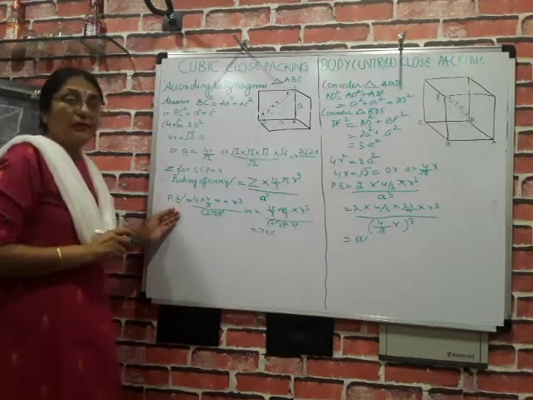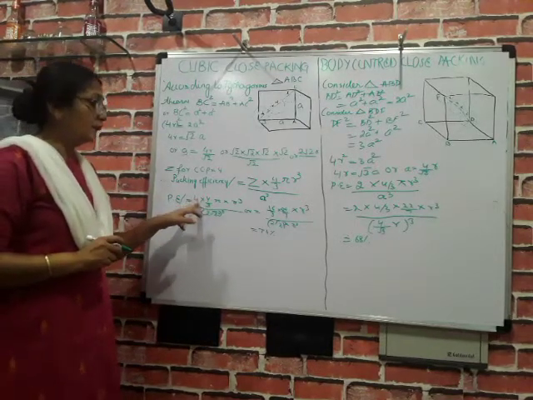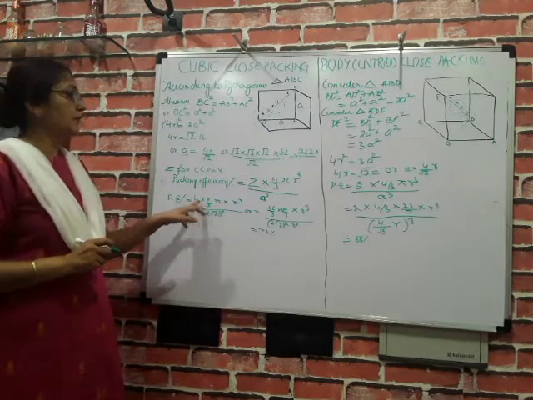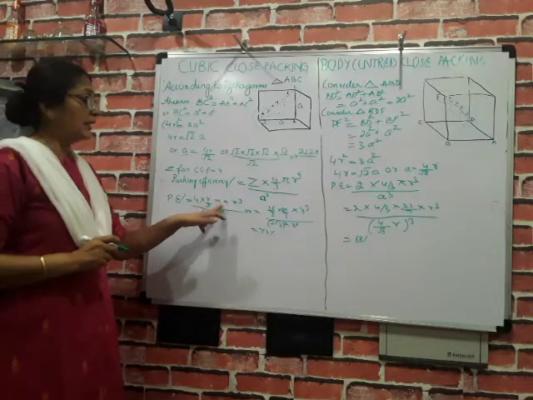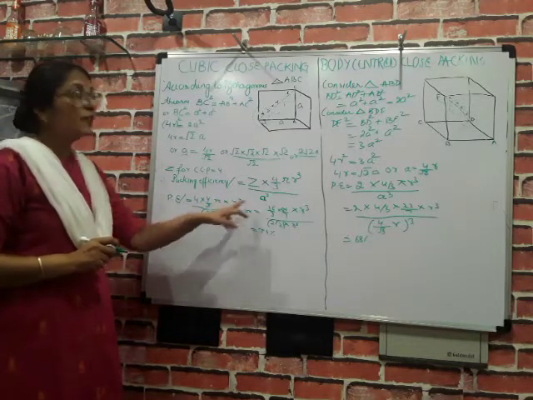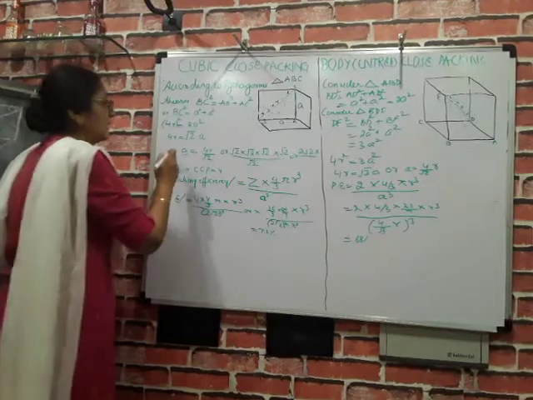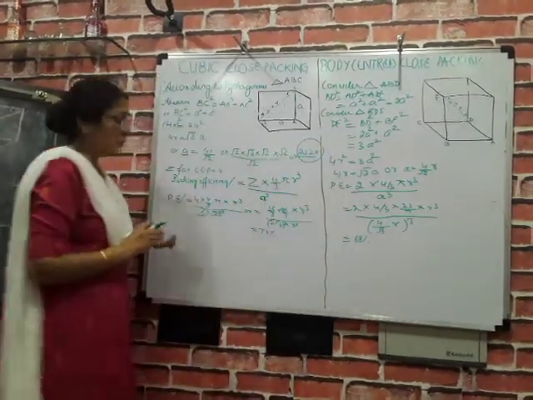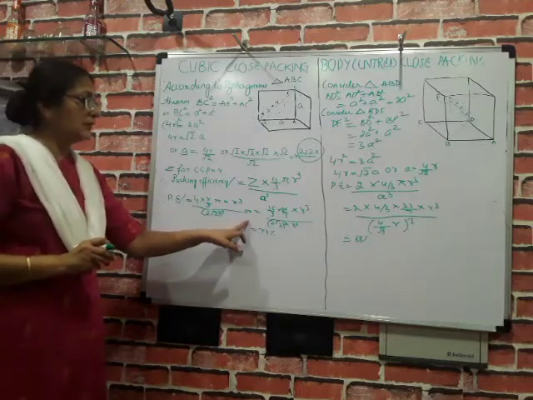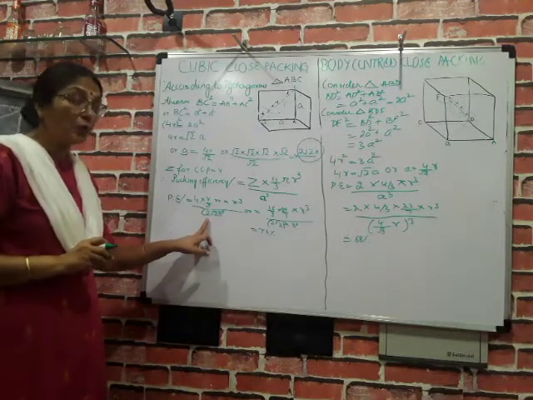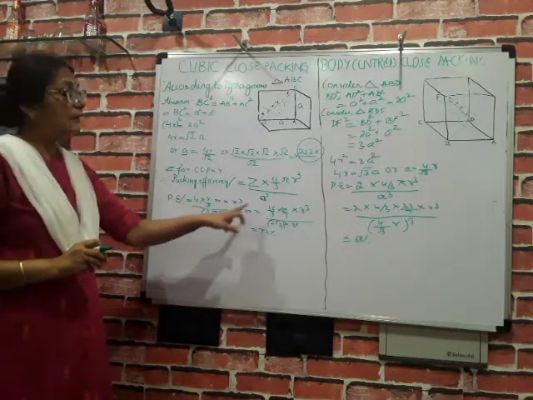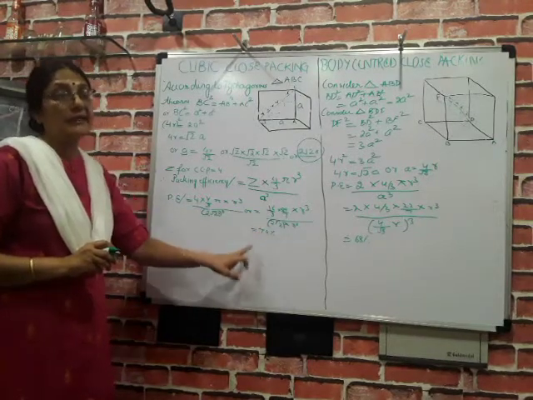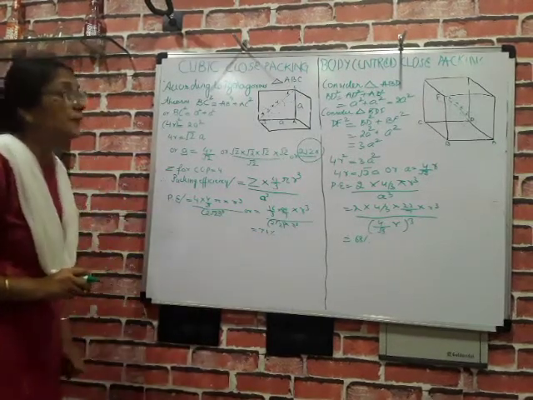I will write the values. 4 into 4 by 3 pi r cube. Instead of A, I could write A is equal to 2 root 2 r, and on solving this I get the answer 74%.